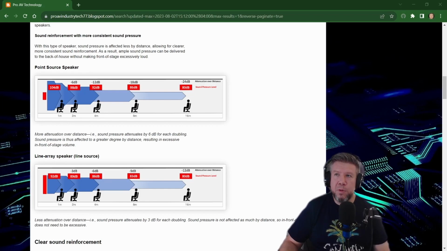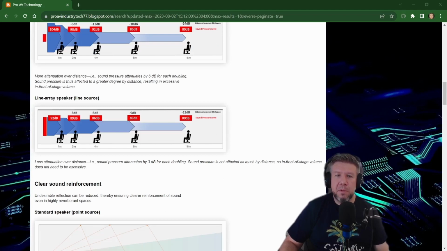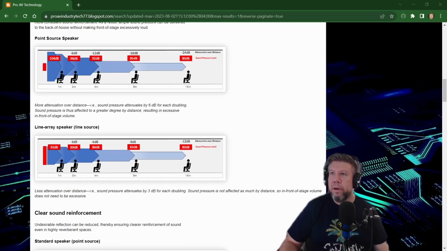If you've got a point source speaker, the person sitting in front will get the brunt of that audio. Line array speaker systems were designed to overcome this. Over a longer distance, you've got less sound pressure level drop. For instance, a person sitting at 1 meter gets 92 decibels. At 2 meters, 4 meters, 8 meters, you've got far less sound pressure level loss compared to a point source speaker.